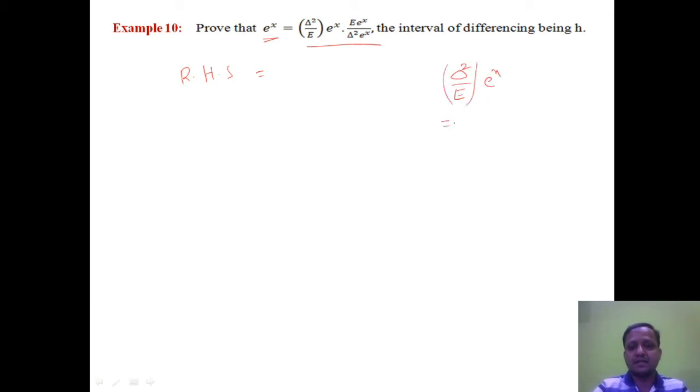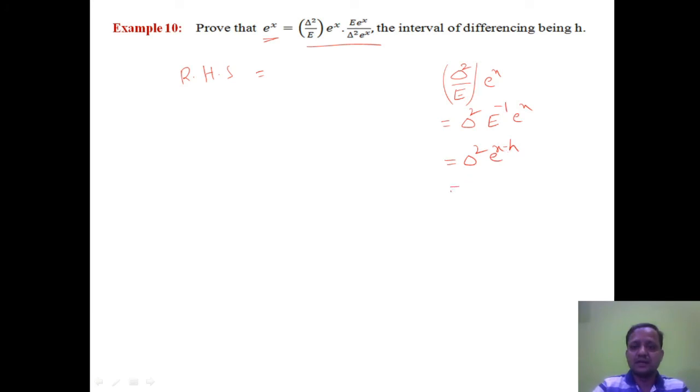It is delta square into the shift operator part, E power minus 1 on x. Delta square, we know, when we apply the shift operator E, it becomes x plus h. If it is minus 1, it becomes minus h, where h is nothing but the step size.